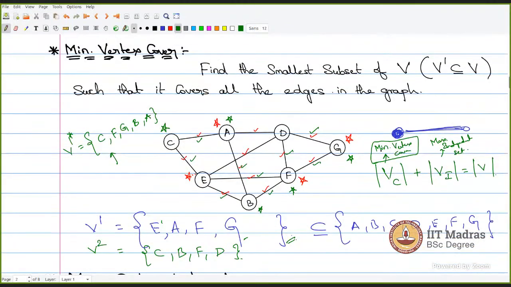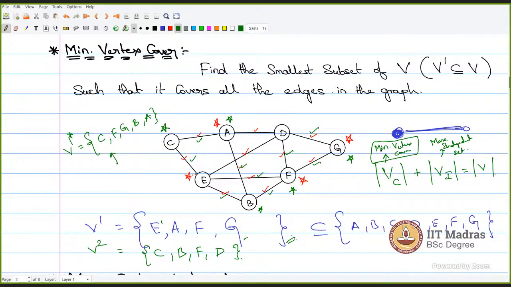Is the minimum set a null set for vertex cover and independent set? If there is no edge in your graph, then the minimum vertex cover is the null set.